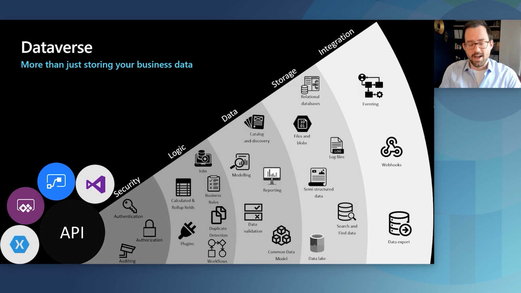And it's, of course, highly integrable with other applications, and it's extensible using Microsoft Azure. What's great about Dataverse is that it also scales automatically with you to accommodate your needs and your growing base of users. And it takes care of security, such as backing up, providing high availability for you.